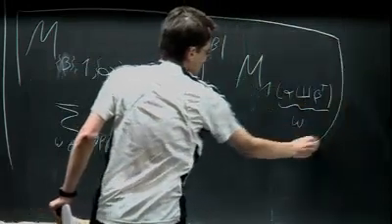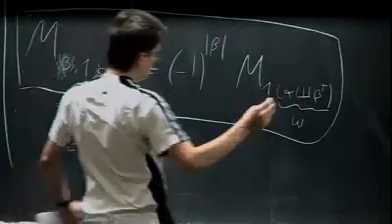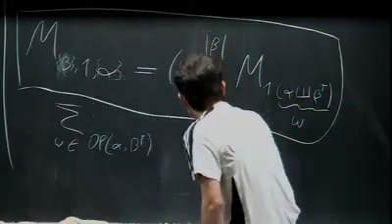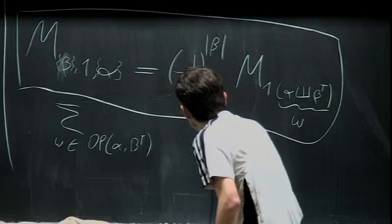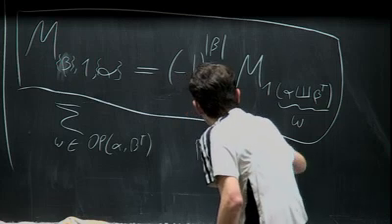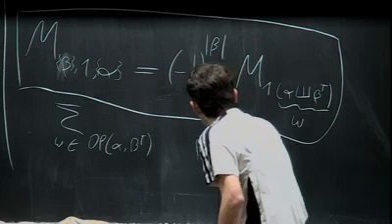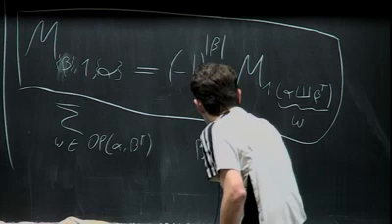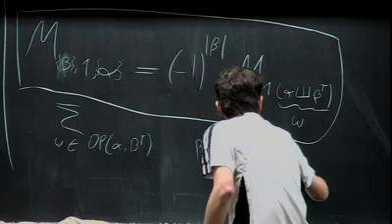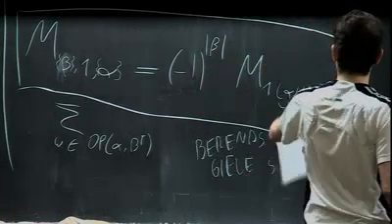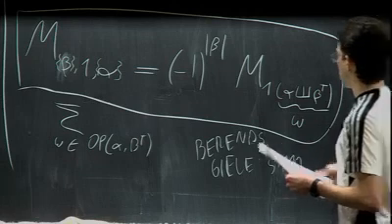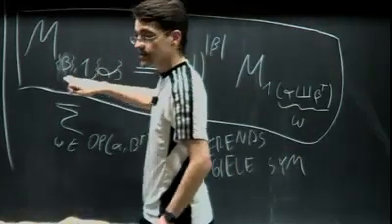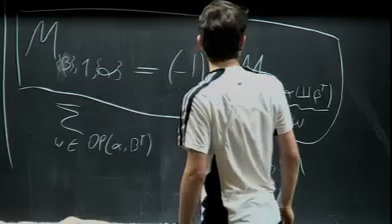For reasons that could become clear if I have enough time, this is a Berenstein-Giles symmetry. For any alpha and beta, this happens.